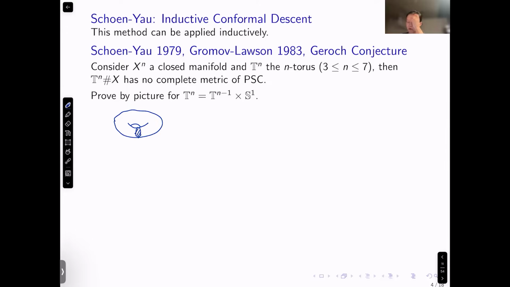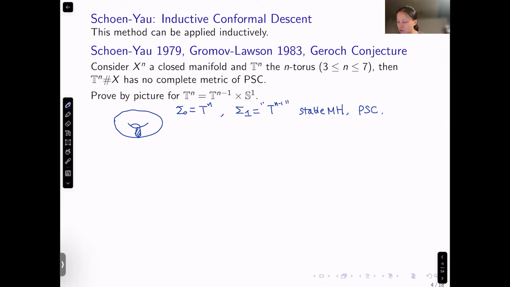We take the torus as the first slice, so that's sigma 0. In the second slice, we want to find the minimal hypersurface inside the torus that behaves like the n-1 torus. You can make sense of this rigorously in terms of homology. So you minimize in the homology class, and you will get a stable minimal hypersurface. And by what Schoen and Yau observed, it will have PSC, and that's your sigma 1.